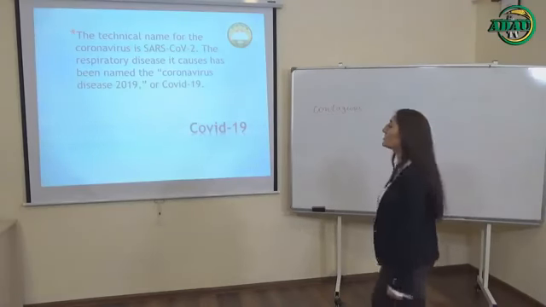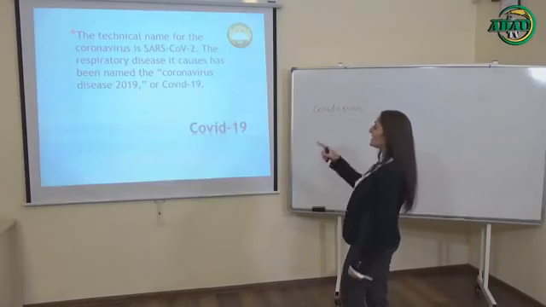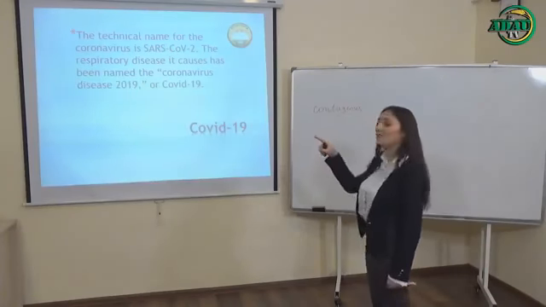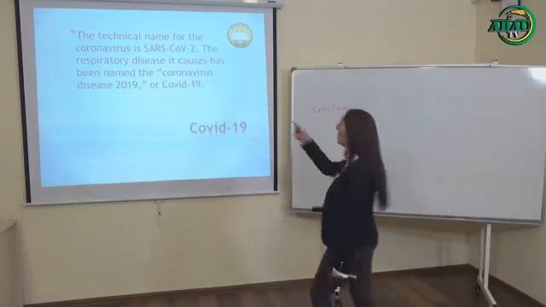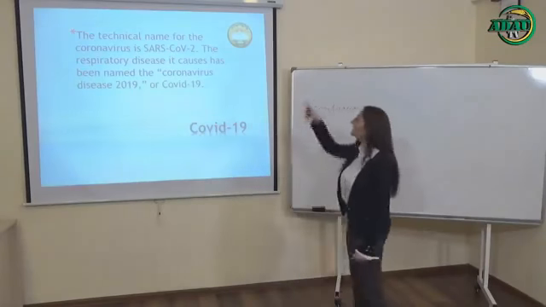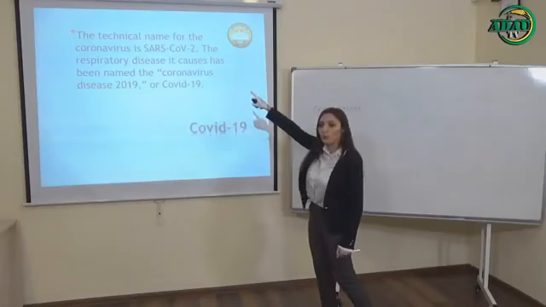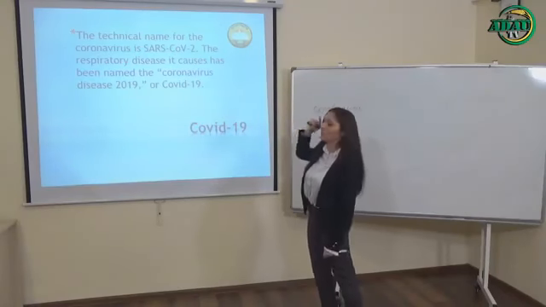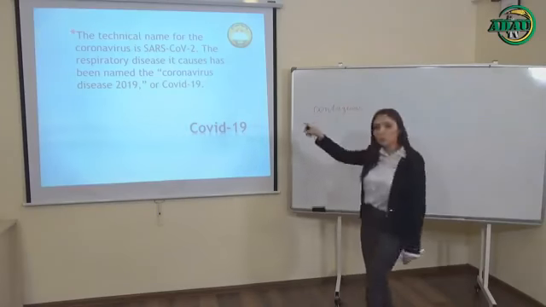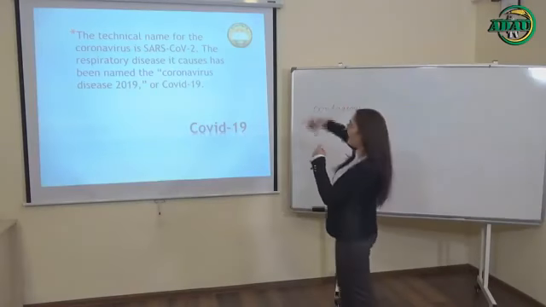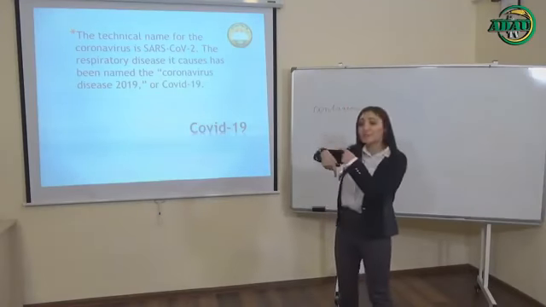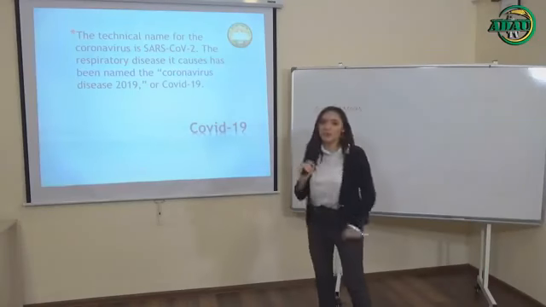The respiratory disease it causes has been named the coronavirus disease 2019 or COVID-19. So the technical name for the coronavirus is SARS-CoV-2, and this can make the disease named COVID-19.